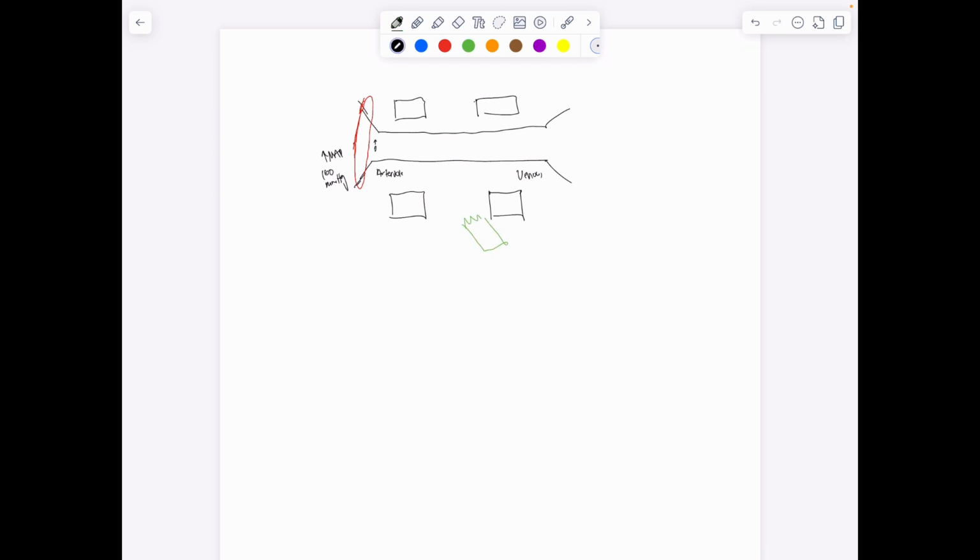So if we're here at the arterial end, we'll have our blood pressure, and that will be 30 millimeters of mercury. And then we'll have our ICOP, which is 8 millimeters of mercury.